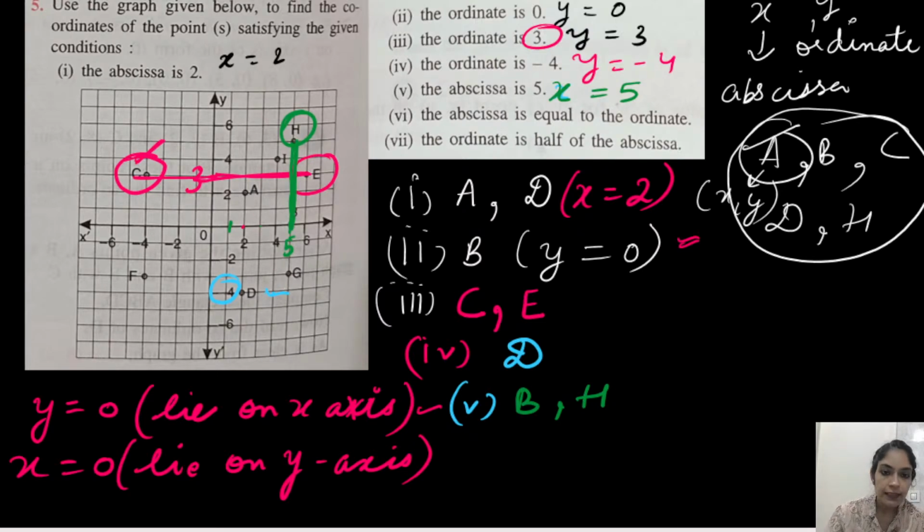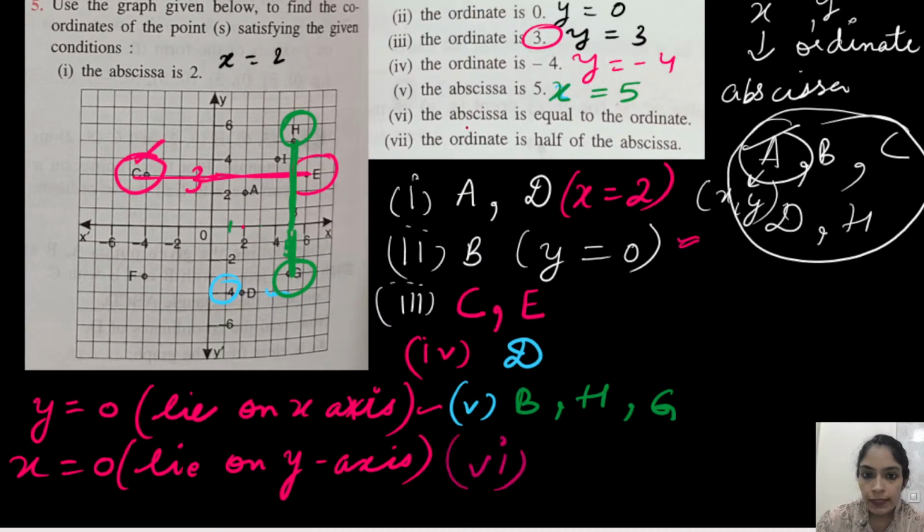Then other than H, any other point? B and H are there. Other than H, if you see just vertically below 5, G is also there. Though no one mentioned it here, G is also there. So you just have to see that point, then up and down you have to see which alphabet. Easily you can locate it. So with this, the fifth one we have done. Sixth one we'll do now.